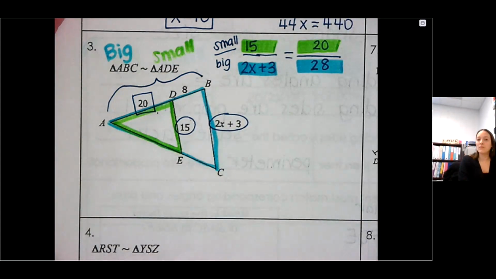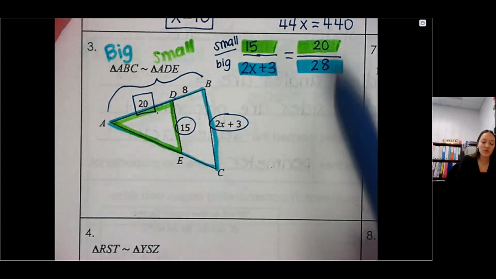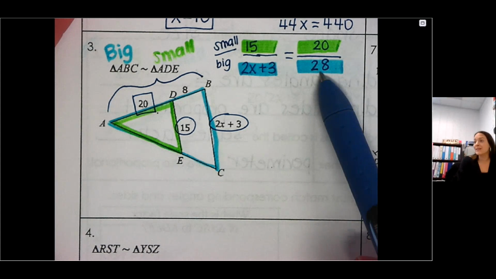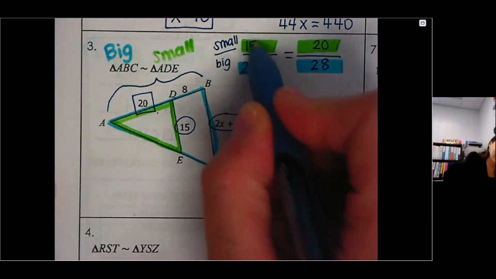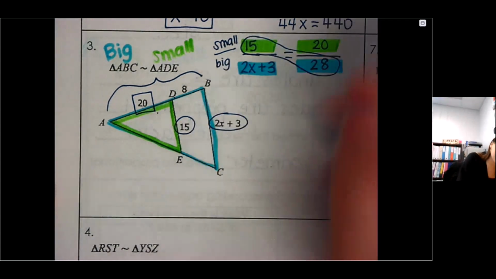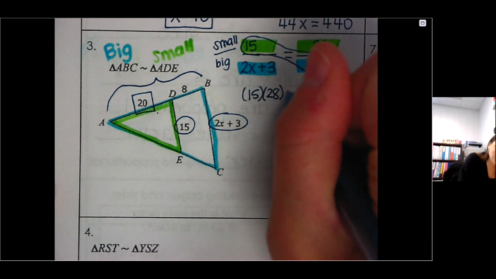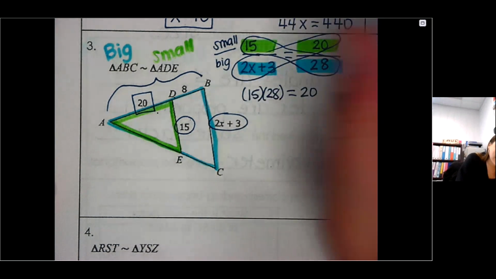So don't just go for 8, because just think about it logically for a second. If you're doing small over big, 20 over 8 doesn't make any sense, does it? It would have to be a smaller number over a bigger number. And then from here, cross multiply. So 15 times 28 equals 20 times 2x plus 3. And then it's algebra.